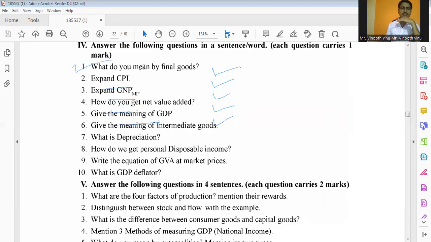What do you mean by final goods? The goods which will not pass through any more stages of production. Important. CPI, Consumer Price Index. Okay, GNP MP, Gross National Product at market price.